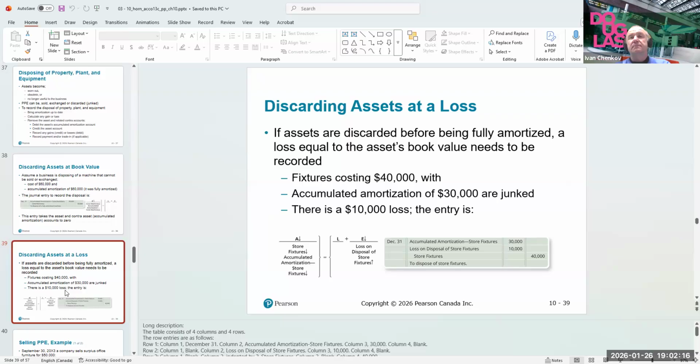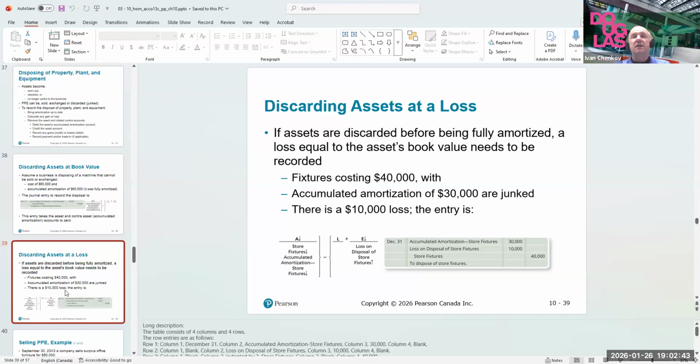Second option, the asset is discarded before it's fully amortized. So once the asset is gone, then we have to credit the asset account. Since the asset is gone, we cannot have the accumulated amortization related to that asset. We're debiting accumulated amortization. And then we will have to see which one is higher.